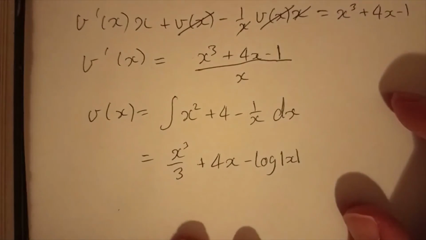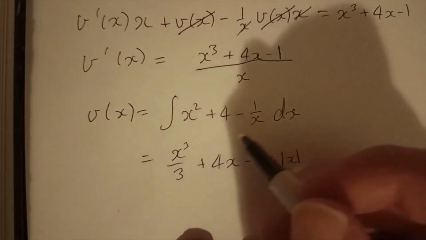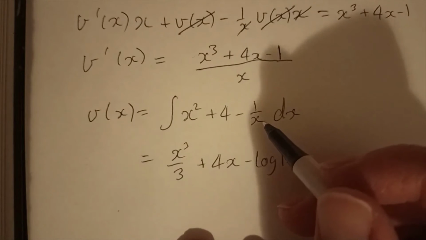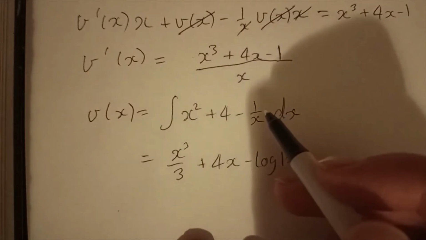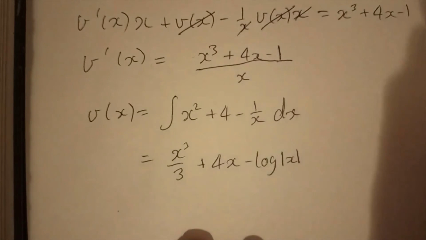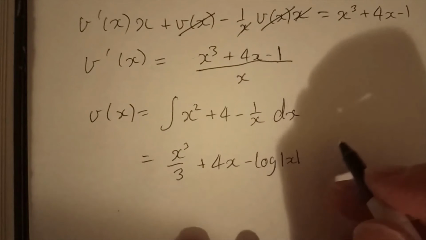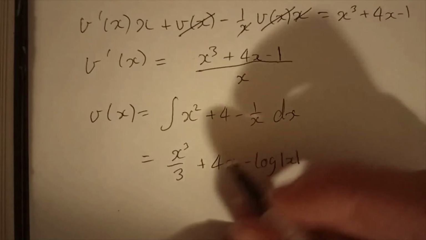Now, there's usually an integrating constant. If we're taking the integral of all of these terms, we get a constant for each of them, but a constant plus another constant will also equal a constant itself. So we could just have one constant for this whole expression.